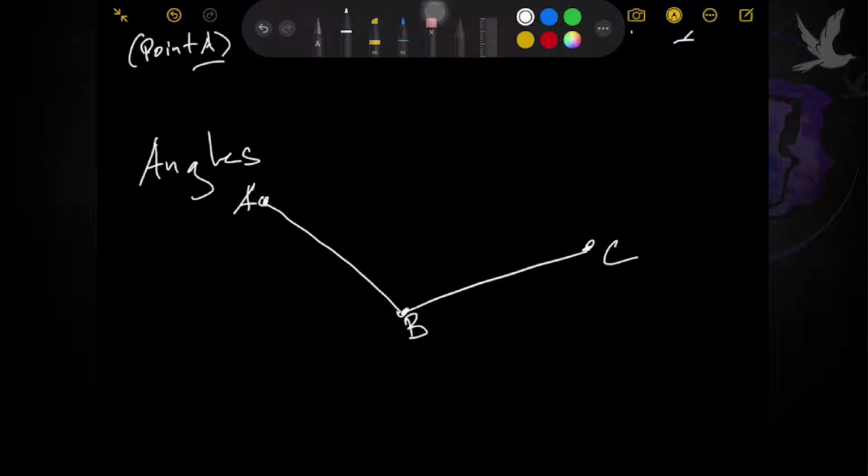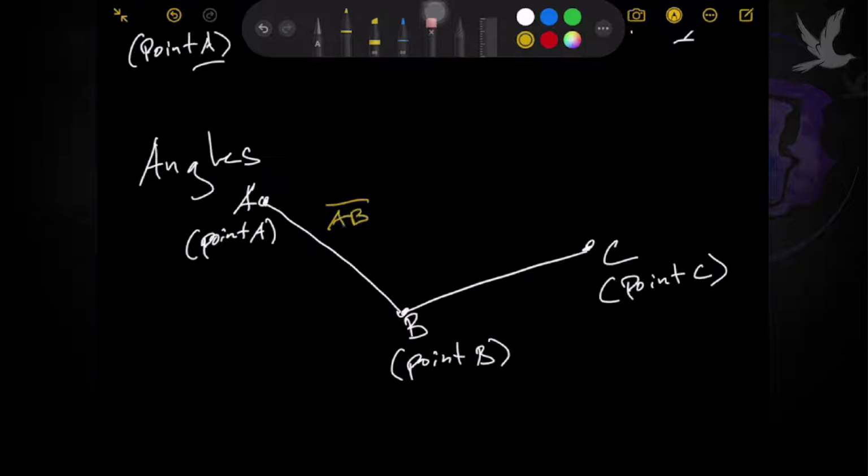So again, we have our point A here, then point B, and we also have the point C. And if you notice, we now were able to form line AB over here and also line BC. Now, an angle has formed because of their common point, which is B, where they actually meet.